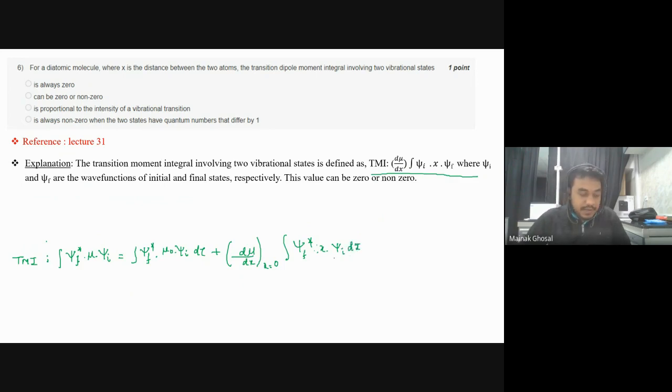So this is your expression for the transition moment integral.